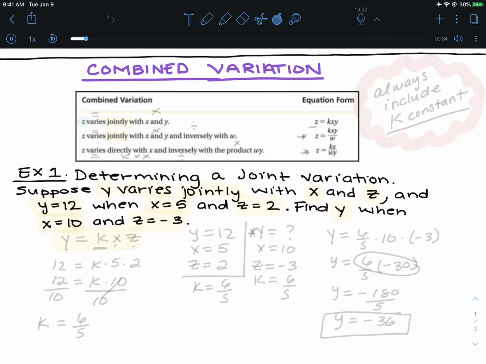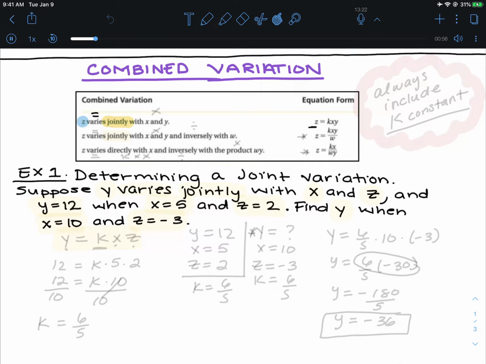So the first one we have Z varies jointly with X and Y. So the keyword right here is the word jointly. It's going to vary jointly with X and Y, so Z varies, and varies in this situation is going to be like an equal sign.